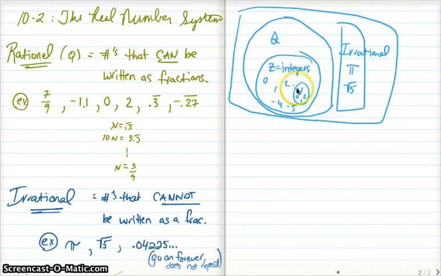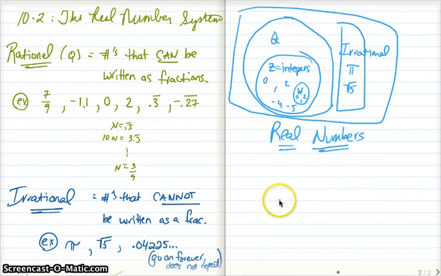Altogether, though, rational and irrational numbers make up the real number system. So these are all real numbers. Later on in higher mathematics courses, you will start to learn about imaginary numbers and how those come into play. But all of these numbers here, even if they're irrational, they're still real numbers. So I just wanted to point that out.